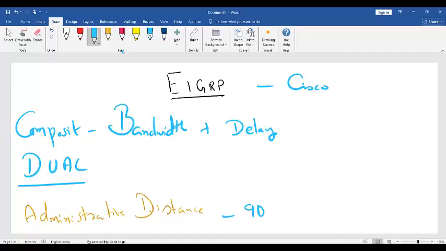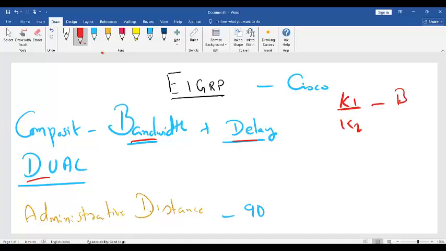Now, another thing we should know is that these two are not the only components of the composite metric. Initially, there were 5 components. K1, don't ask me why it's K and not C. Cisco's DUAL algorithm has it as K1, so I am calling it K1.